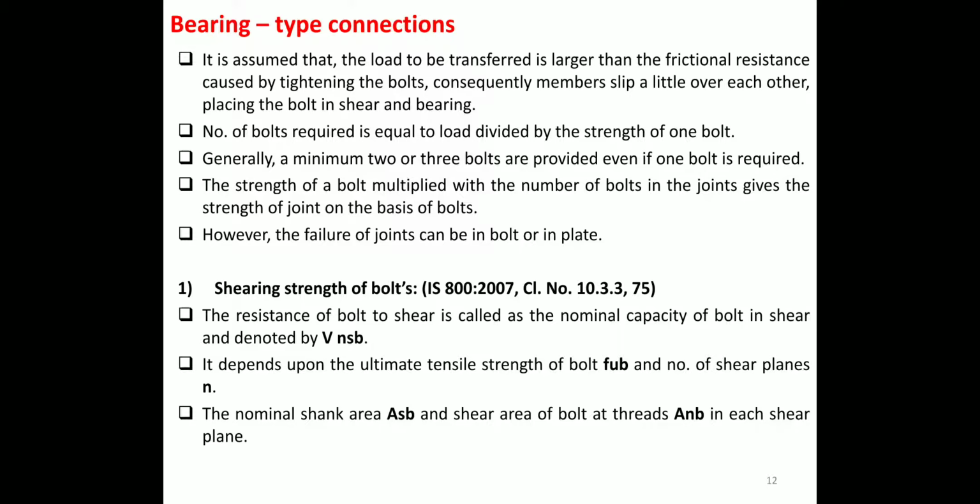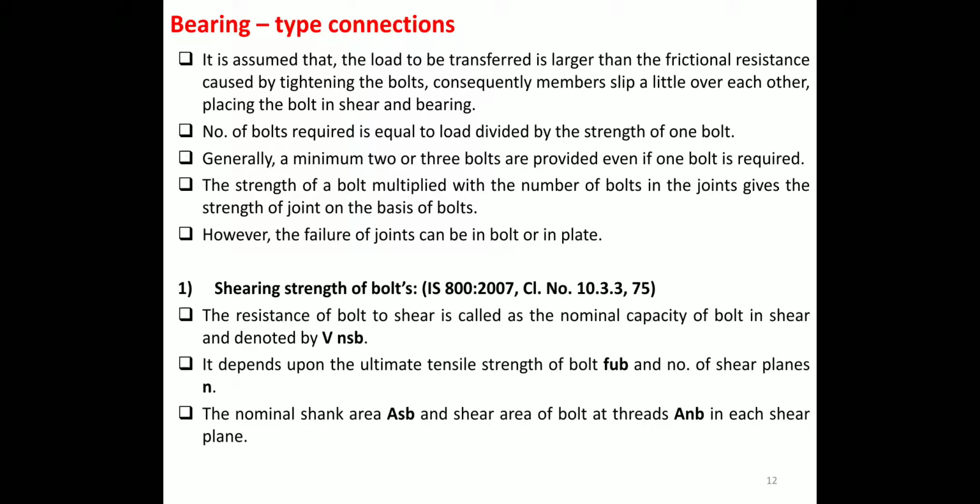The resistance of bolt to shear is called the nominal capacity of the bolt in shear and is denoted by V_nsb, where n is nominal capacity, b stands for bolt and s stands for shearing.